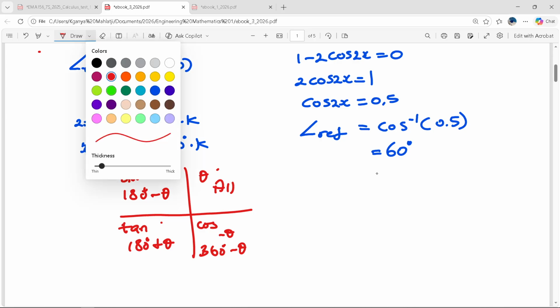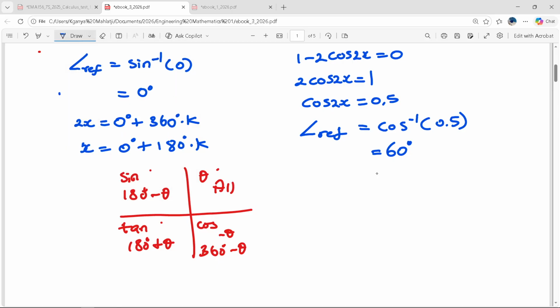Now let's determine the general solution here. Consider the first quadrant, where cos is positive. Therefore 2x equals 60 degrees plus 360 degrees multiplied by k, so x equals 30 degrees plus 180 degrees multiplied by k.